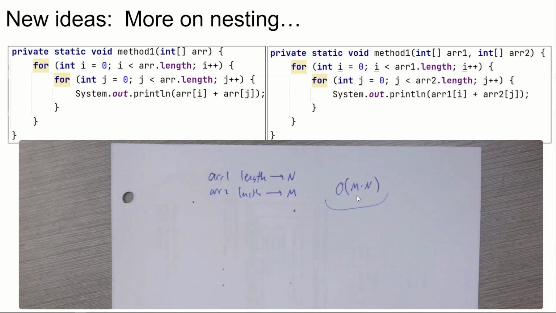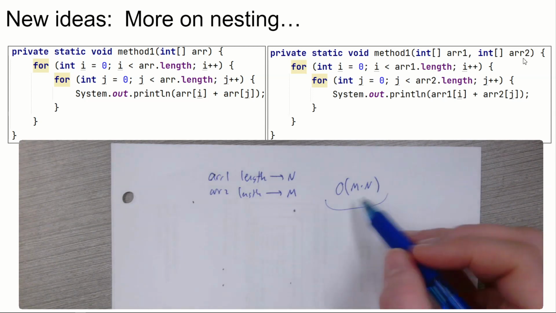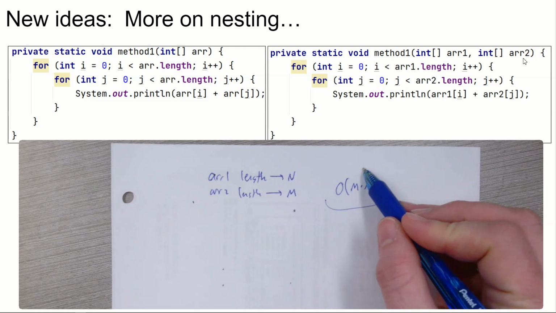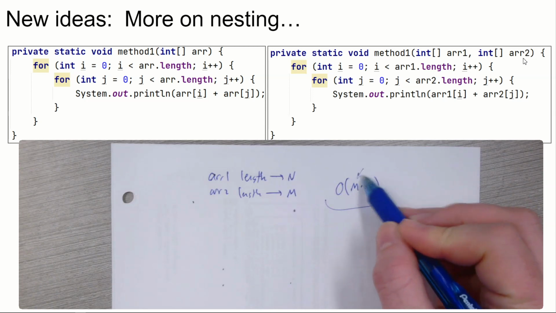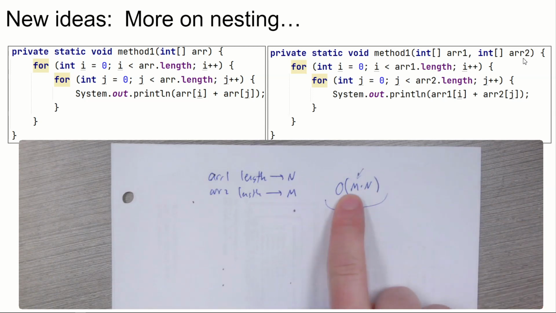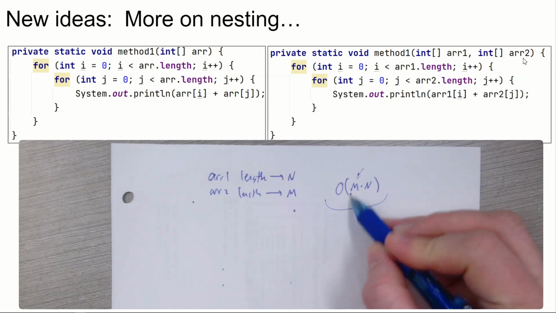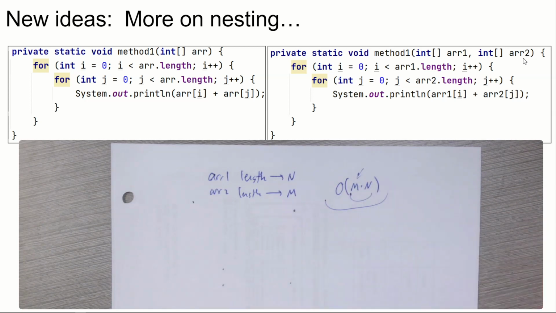This is a totally reasonable thing that you can write because it correctly expresses how the number of steps grows. If I keep array length 1 constant and I make array length 2 larger, then it's going to grow just like a linear function for array length 2, because n is going to be held constant and m is going to be like a linear term. However, if array length 1 and array length 2 are both growing together, then it acts more like a quadratic because I'm multiplying 2 things.